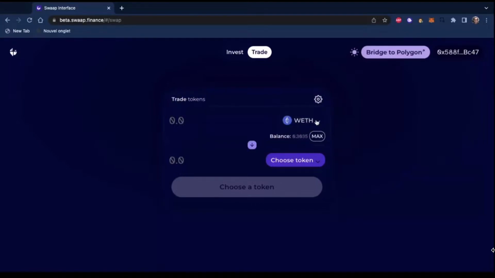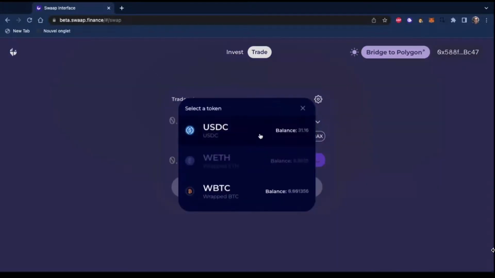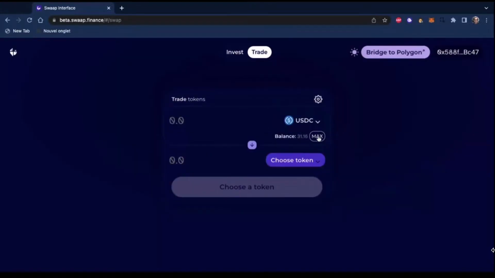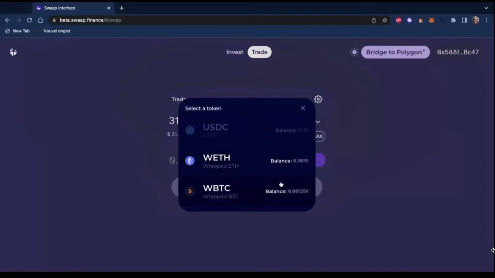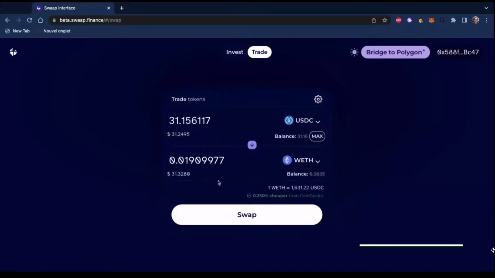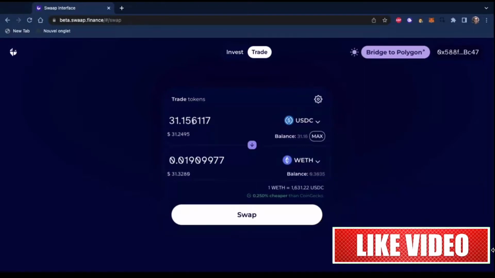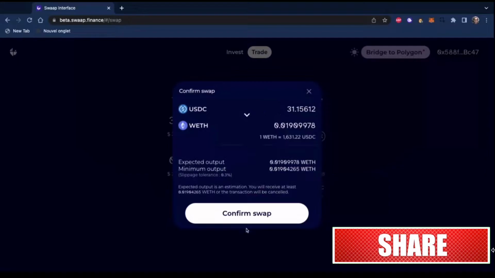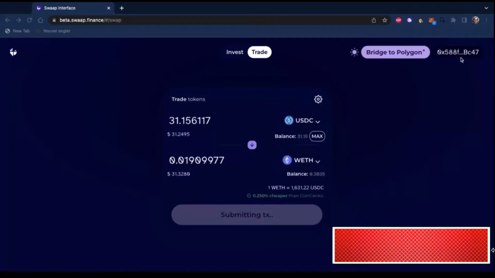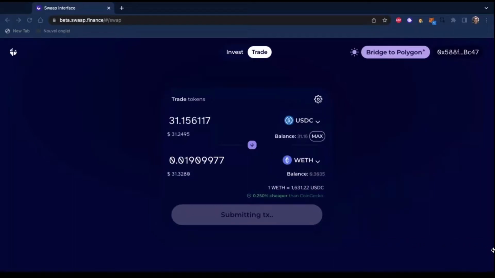I can show how it works basically, but that's very basic. So for instance, let's trade USDC. So here I have 31 USDC, so I'm going to trade against, let's say, Ethereum. So you're going to see what you're going to get. I'm going to get a confirmation window before launching the swap. And the transaction is sent to my MetaMask, which I think you cannot see there.